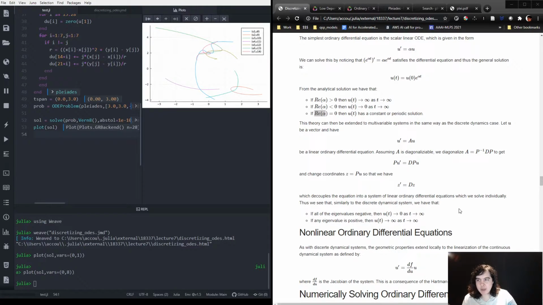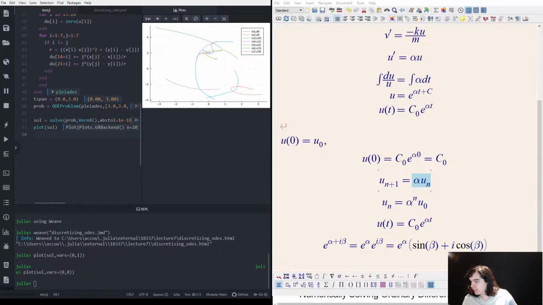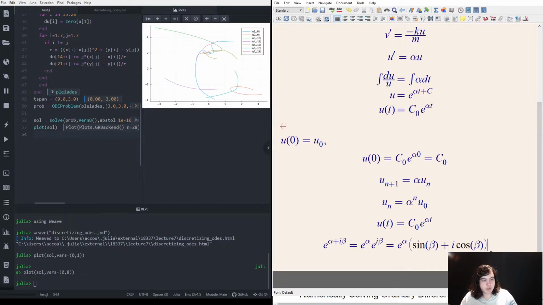And so you can move this directly to multivariable systems as well. It's the same trick that we had when we were dealing with discrete dynamical systems. So what you do is you say the linear system is now u prime equals Au, where what we mean by Au is the same thing that we did before.